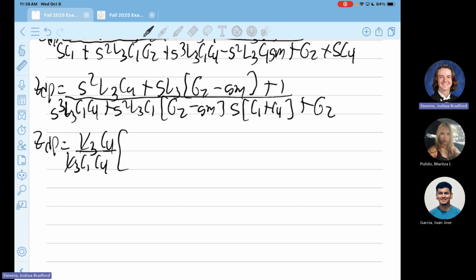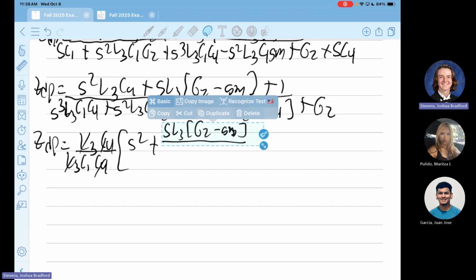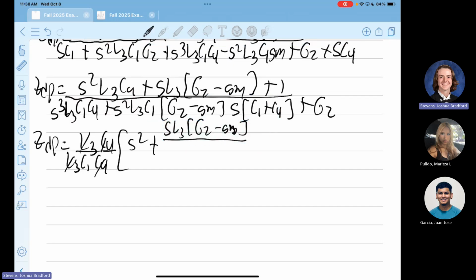But if you also notice, just 1 over C1. So then we have an S squared plus S. I'm going to do this. SL3 times G2 minus GM. This gets kind of ugly. Sorry. It just happens. That becomes then an L3C4.